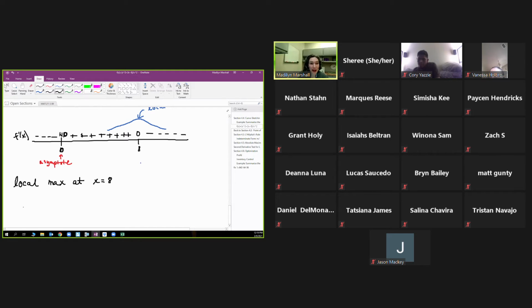But our actual maximum is the function value at 8. So we would need to plug 8 into our function, which was x squared plus 2x minus 8 over x squared.